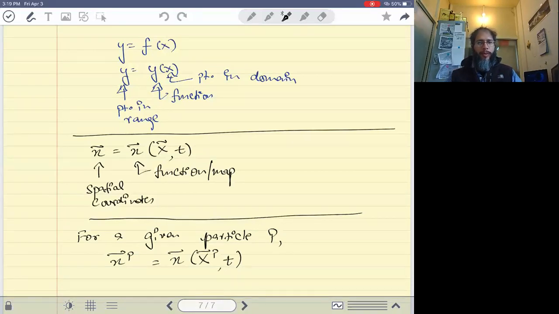You can use the superscript of the particle ID, and that will give you the particular coordinates of that particle. So for this function small x, you can feed in the reference coordinate of particle P, and you will get the current coordinates of the particle P in the spatial coordinate system.